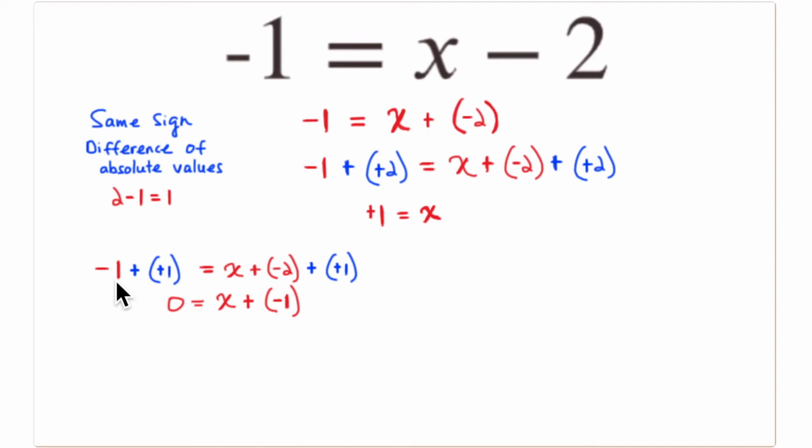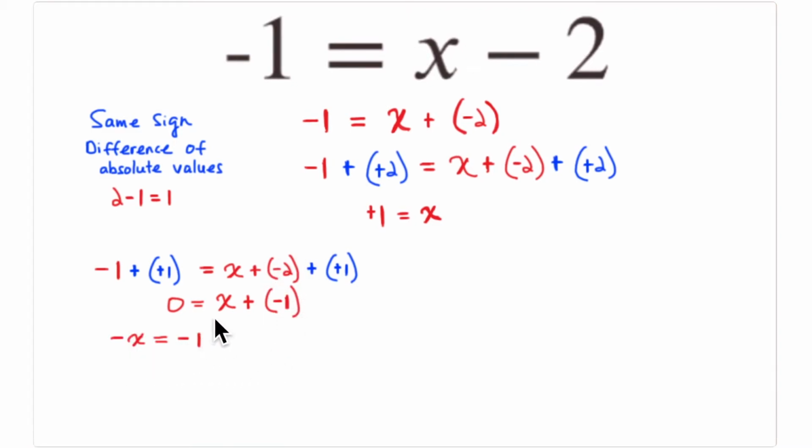On the other hand, if we choose to get rid of the negative 1 on the left side, we're going to add the additive inverse of negative 1, which is positive 1. This becomes 0, and you have a negative 2 plus a positive 1. What's the difference of their absolute values? 2 minus 1 is 1, but in this case, it's a negative 1 because there are more negatives.